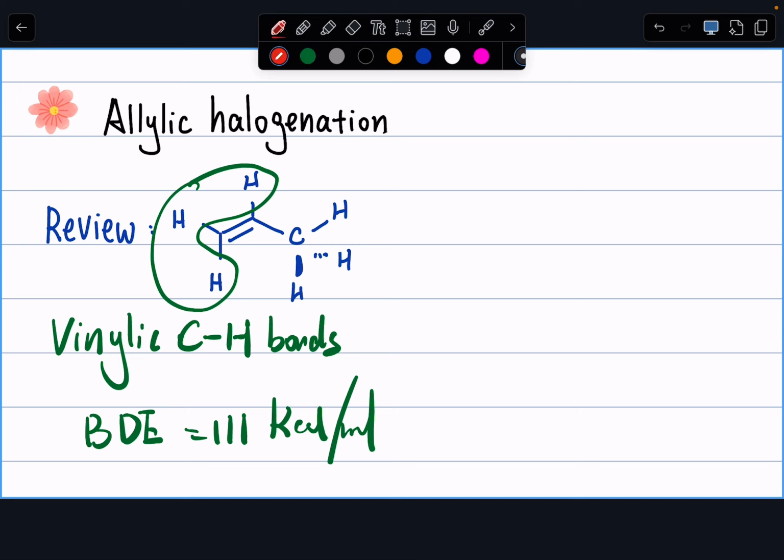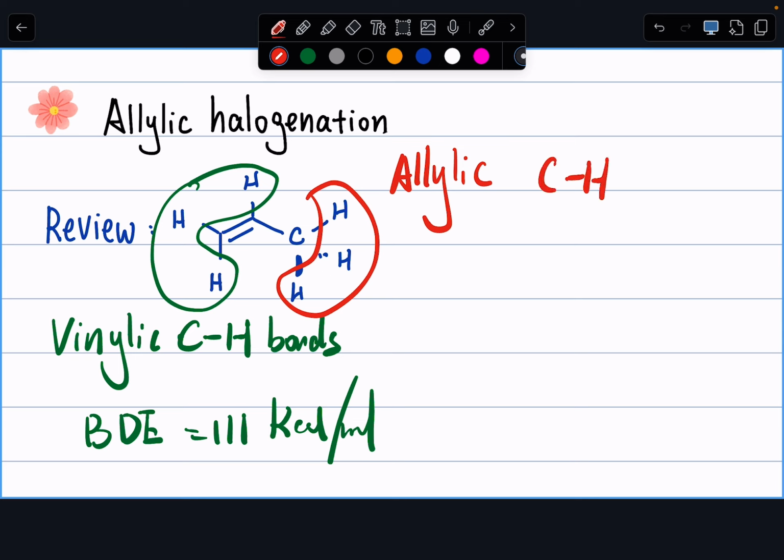However, if we're looking at the allylic CH, the carbon that is adjacent to a double bond, these allylic hydrogens have a much weaker bond dissociation energy of 89 kcal per mole.